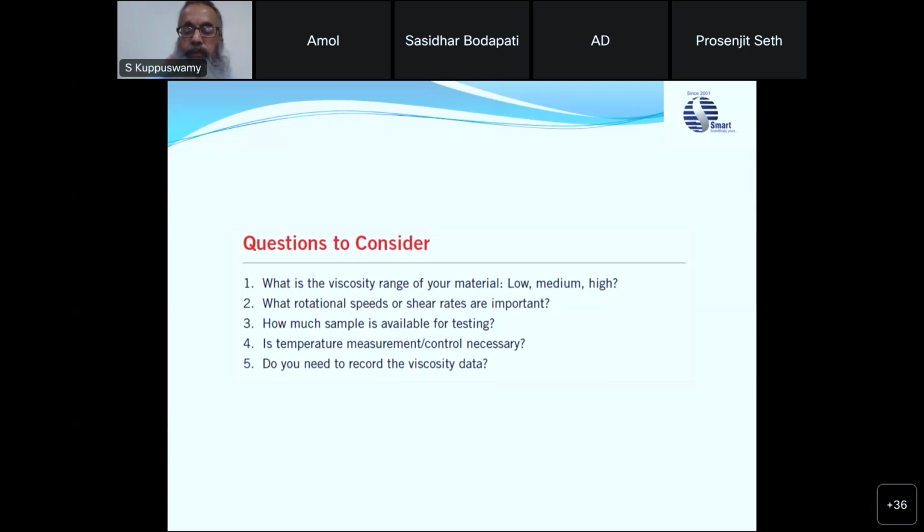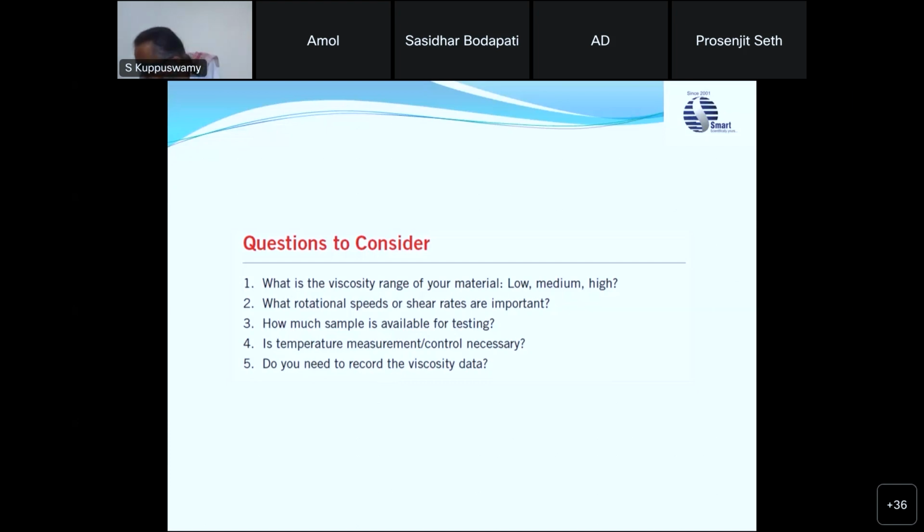How much sample you are going to provide for testing, whether a small quantity like 0.5 ml, or in milliliters or in liters. Brookfield has viscometers in the cone and plate version, which can take samples from 0.5 ml onwards, whereas the regular viscometers require sample quantities from 500 ml.